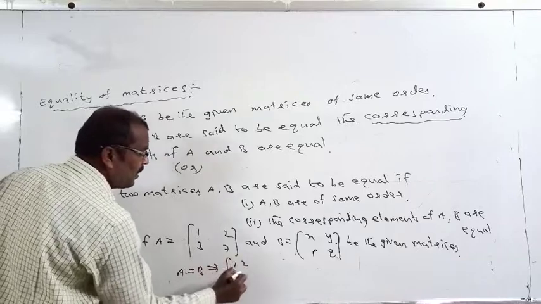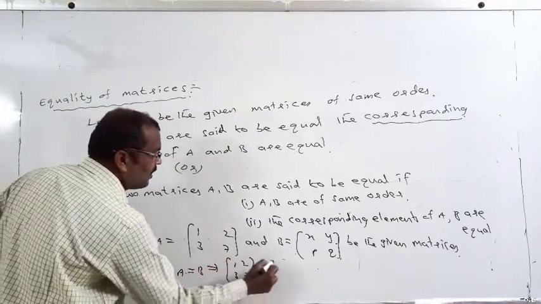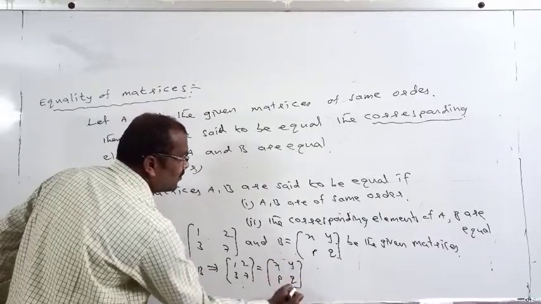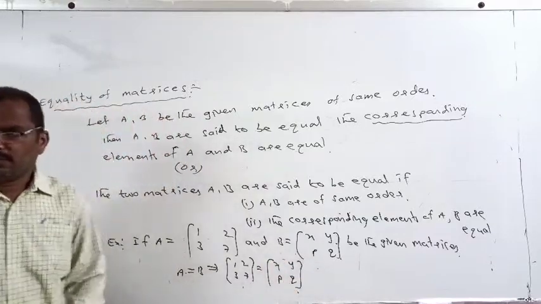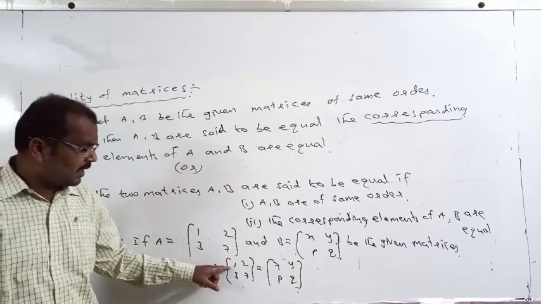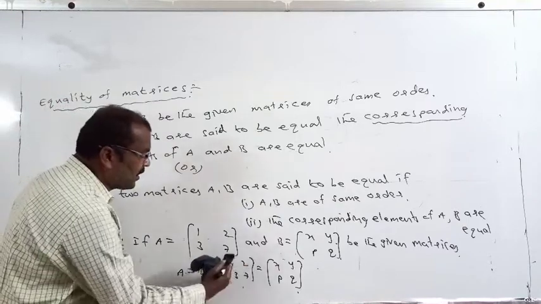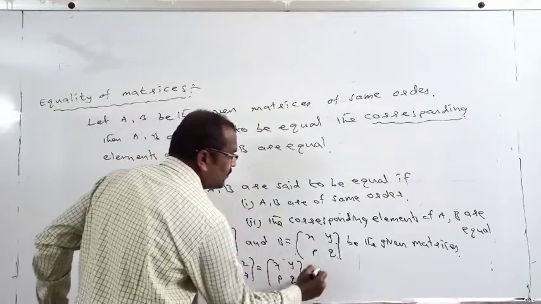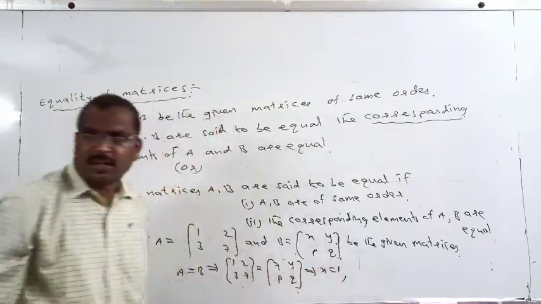So matrix 1, 2, 3, 7 is equal to matrix X, Y, P, Q. We are equating the two matrices. What is the meaning of corresponding elements? Here X is equal to 1.